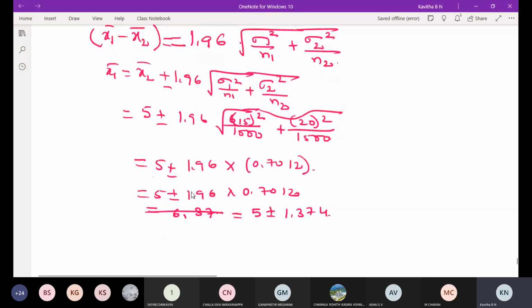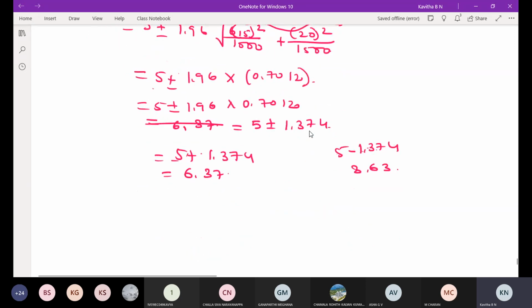Here there is a plus or minus option, so first take 5 plus 1.374 and then 5 minus 1.374. Simplify: 5 plus 1.374 is 6.374, and 5 minus 1.374 is 3.626, approximately 3.63.